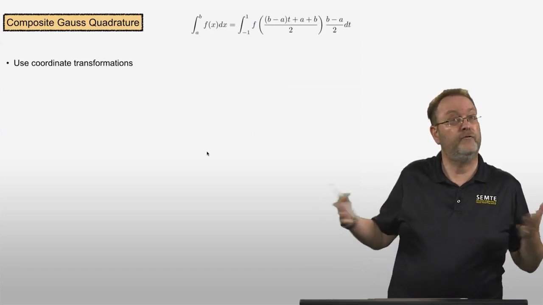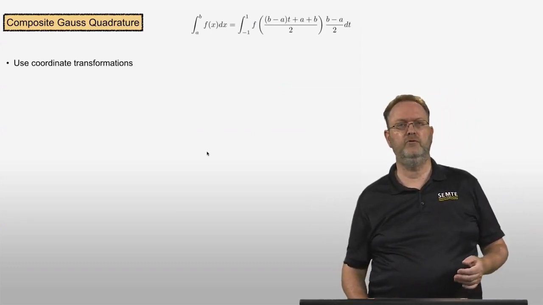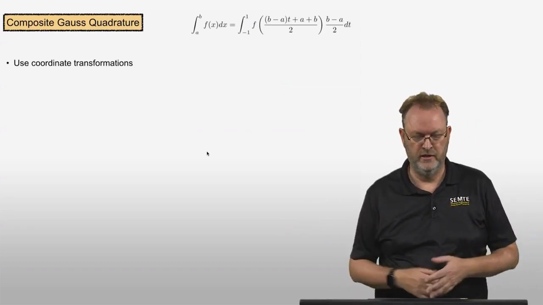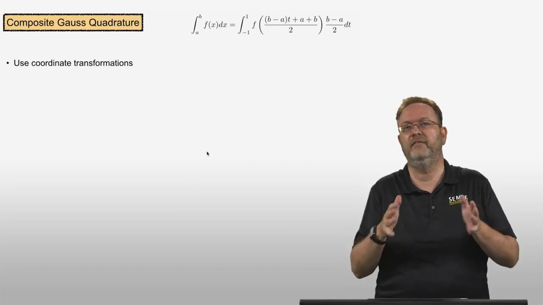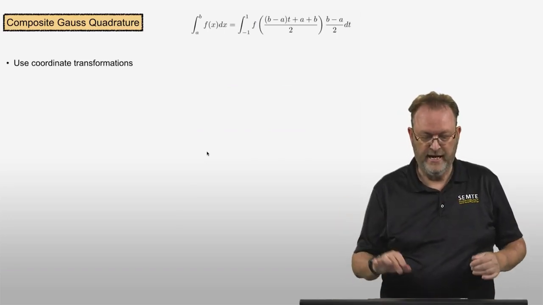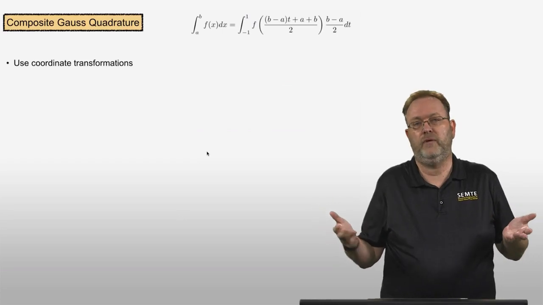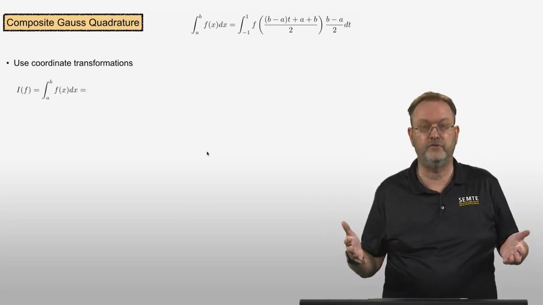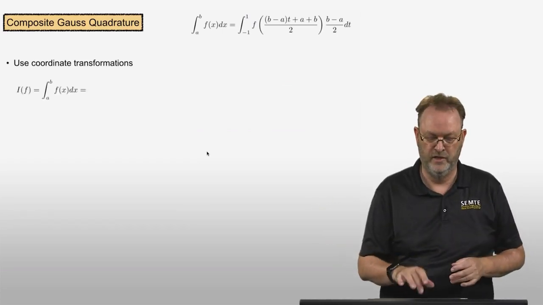Okay, now we can further improve this by doing a composite version of Gaussian quadrature, applying this to subintervals. And that would just require us to apply the coordinate transformation to each subinterval.